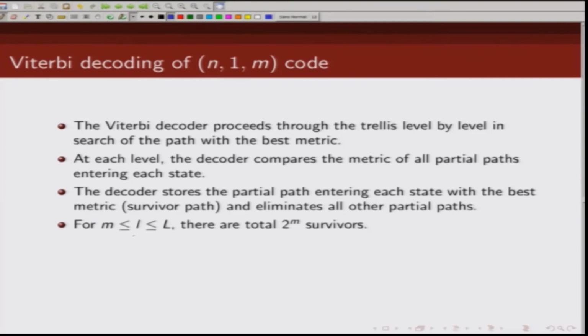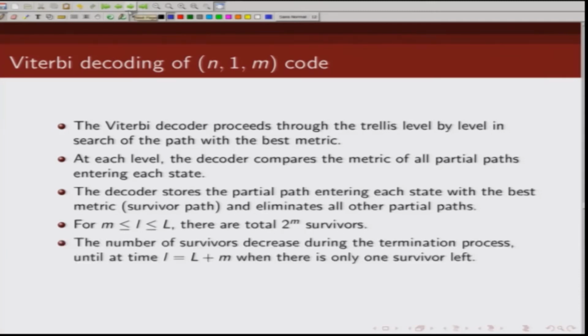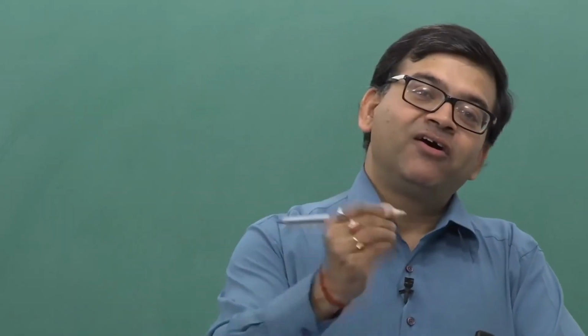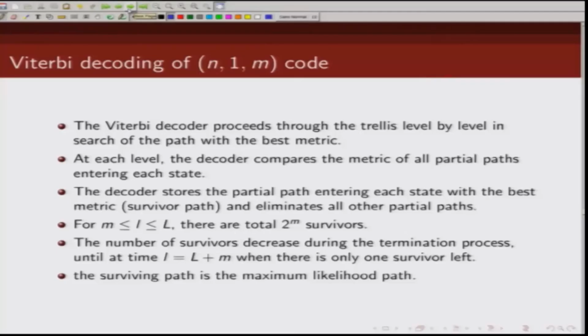For time instances between m and L, there will be a total of 2^m survivors, and during the termination process the number of survivors will diminish until we reach the final all 0 state, where we will be left with only one survivor. Then we backtrack to get back our decoded path or decoded code word.